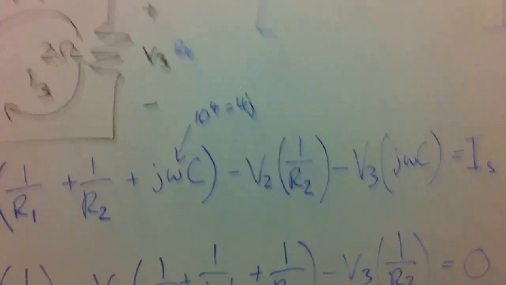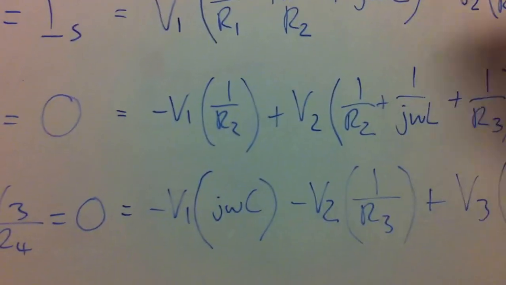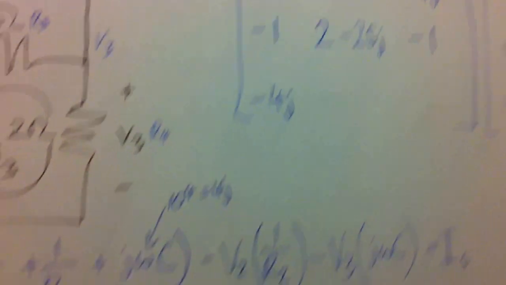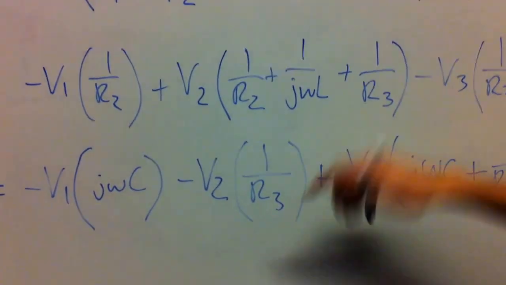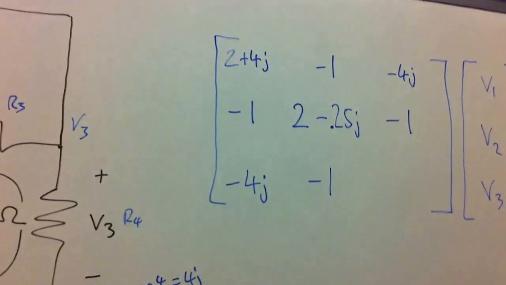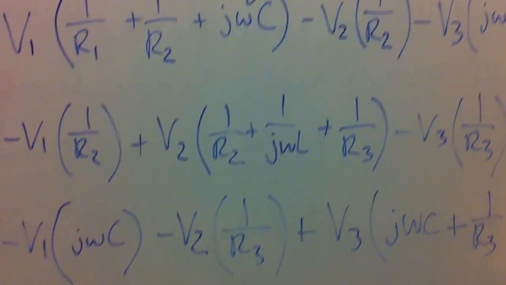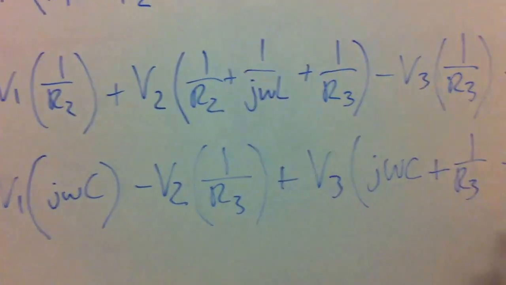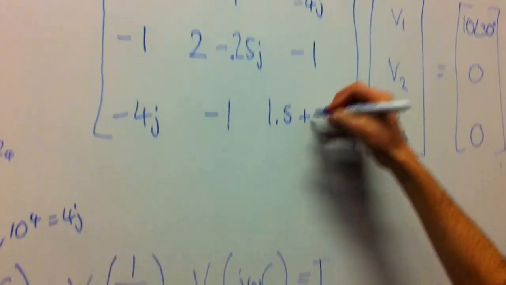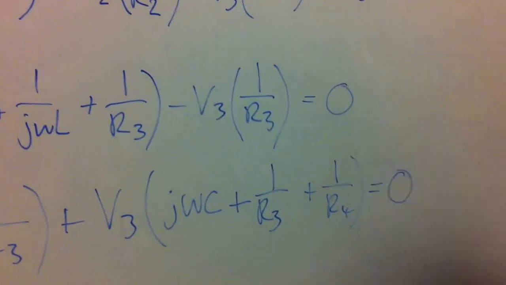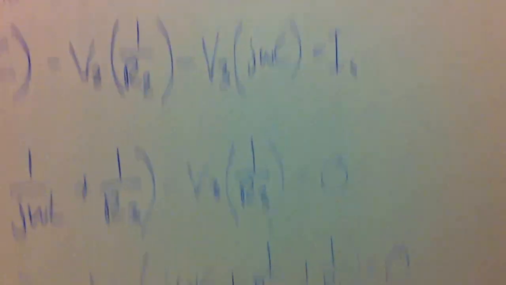Alright, next line, that gives us negative 4J. 1 on 1 is 1 minus, and 1 plus a half, sorry, gives us 1 and a half plus 4J. Awesome. So that's that bit.